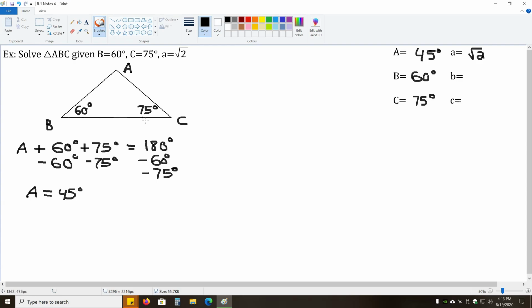We were given angle B and angle C, and side A is across from angle A. So notice we were given angle, and then the side adjacent to it, and then the angle adjacent to that. So we were given angle, side, angle, which can be solved using the law of sines.